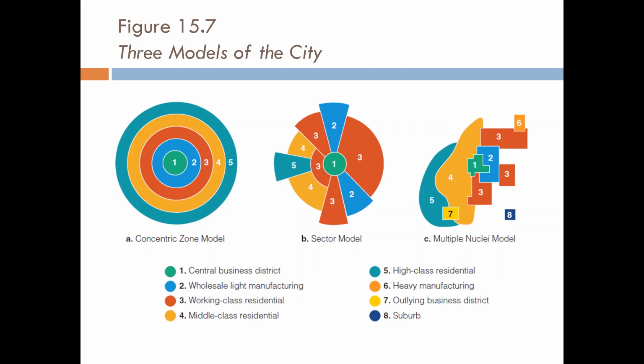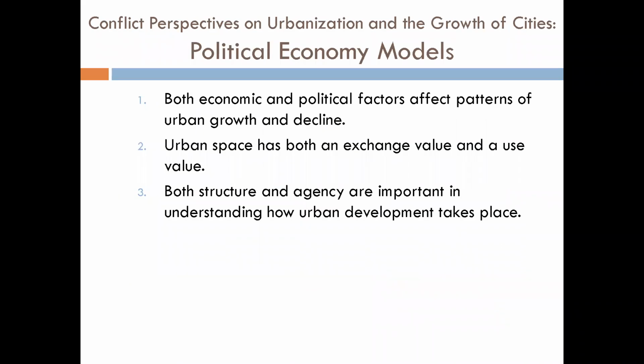You can see here, this is 1, 2, 3, 4, 5. For example, in graph 1A, concentric zone model, sector model, and multiple nuclei model. There are different models of the city for the ecological part. But the conflict perspective says that we have political economy models. Why?